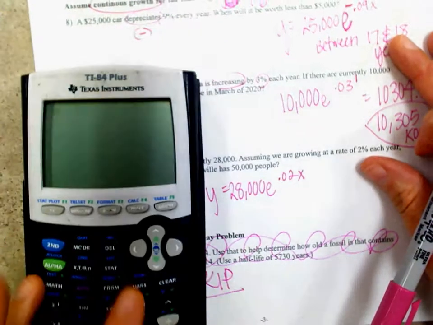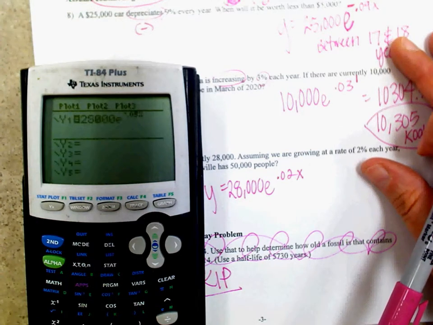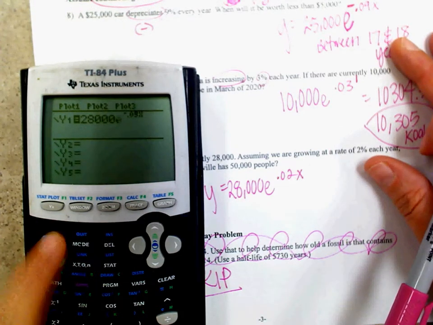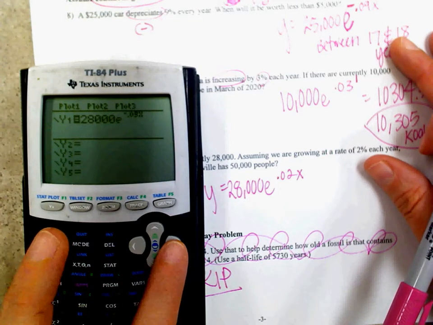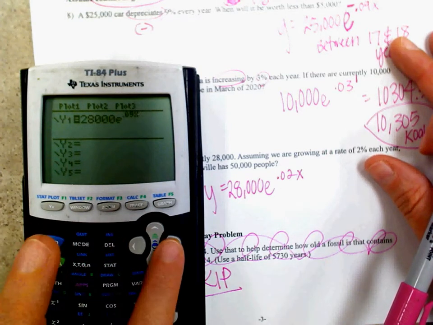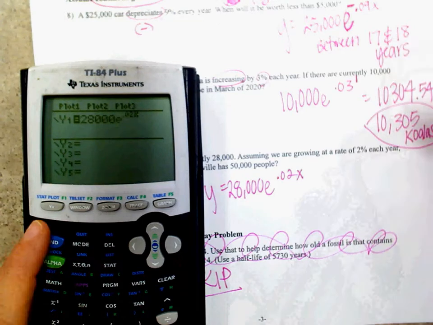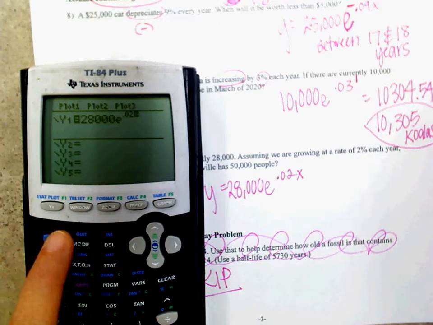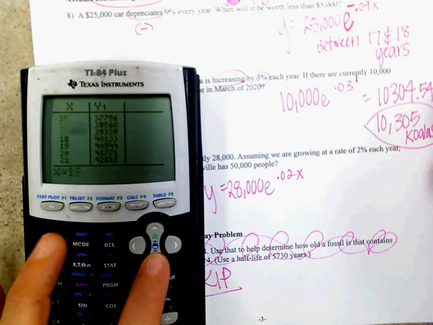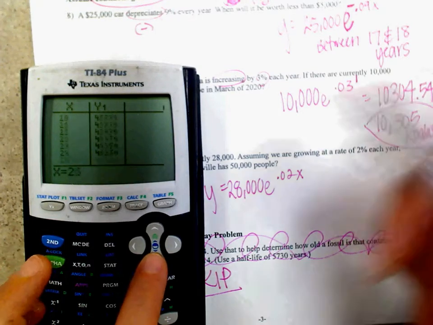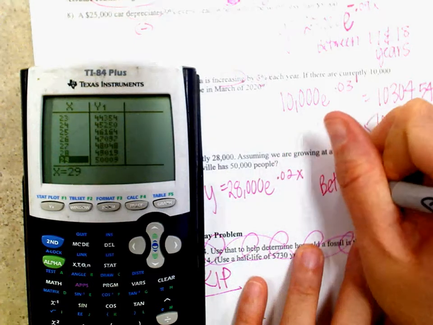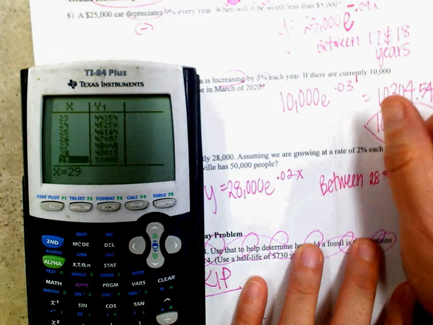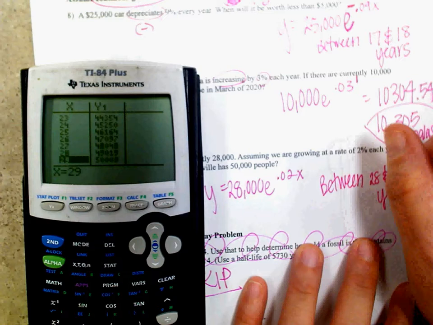So Y equals 28,000, E. Oh, I need to clear this out from last time. We're growing 0.02 to the X. Second table, looking for 50,000. So I'm at 49,000, then I jump to 50. So between 28 and 29 years.